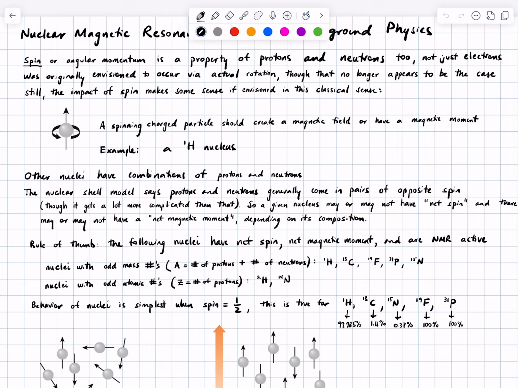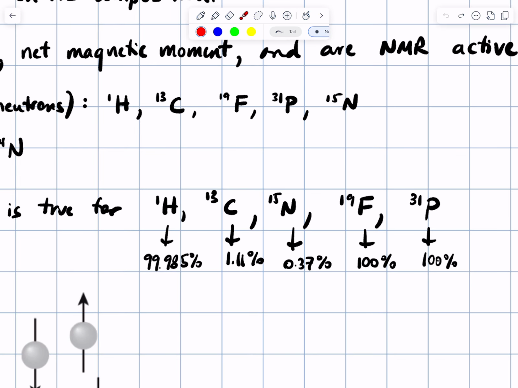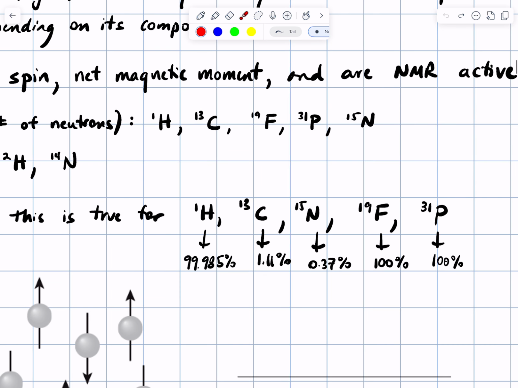Now, there are different nuclei with different spin values, but the simplest spin value a nucleus can have is spin 1/2. And this is true, fortunately, for a lot of the atoms that are relevant for organic compounds.